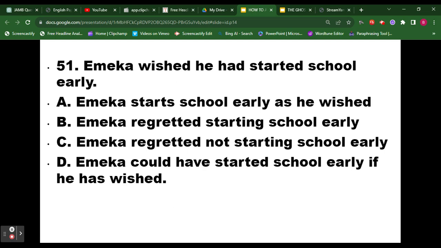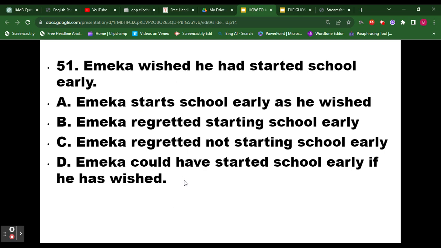So there's an element of regret in Emeka, that he didn't start school early. So you have to view a sentence and then look at the context. We call it contextualization in language learning. You look at the context, how the words are used.